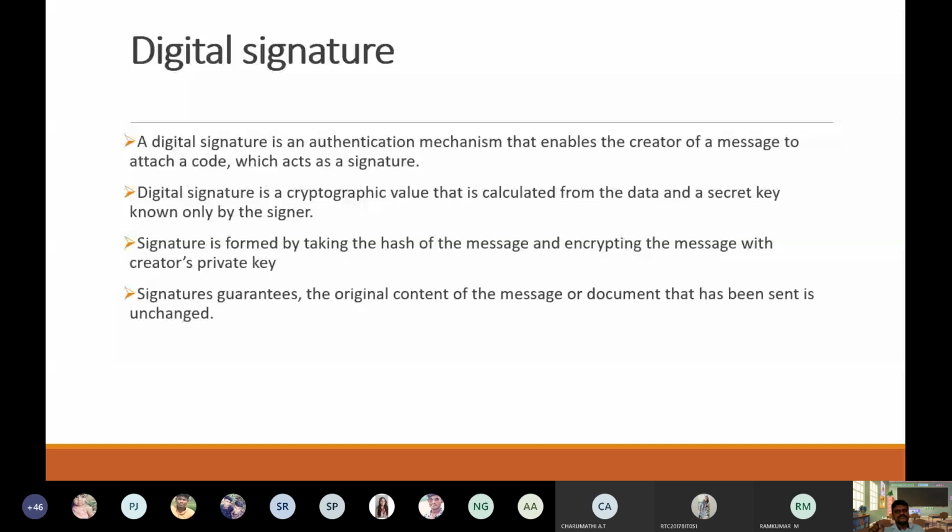That guarantees this document was written by me only. That is a guarantee, right? Likewise, in the digital world, the digital signature guarantees the original content of particular data. That is one of the usages of digital signatures. Clear?